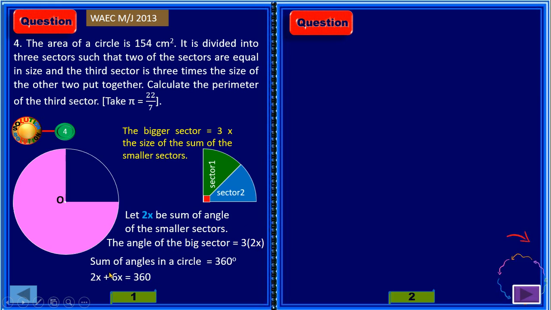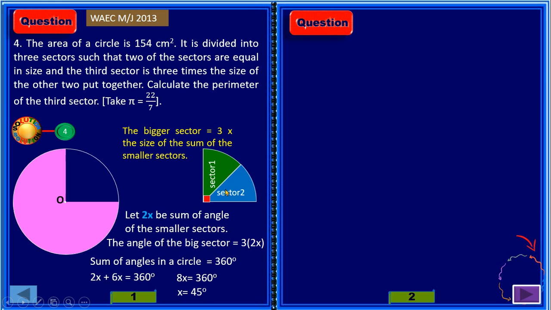Therefore, 2x plus 6x, where 6x is obtained by multiplying 3 by 2x, is equal to 360. Adding 2 and 6 will give us 8x equals 360. Dividing both sides by 8, x will be 45 degrees. So the angle of this sector is 45.